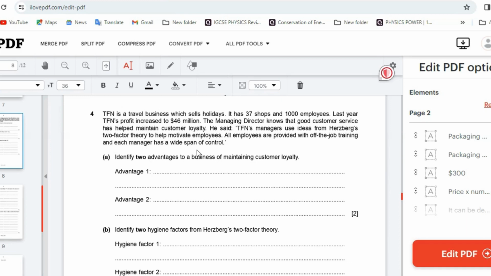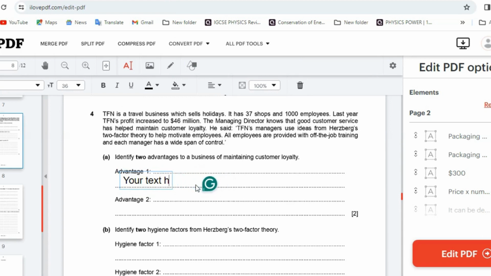Now the first question says, identify two advantages to a business of maintaining customer loyalty. Of course, the first one is to maintain sales or repeat customers so that the customer will not go to your competitor.